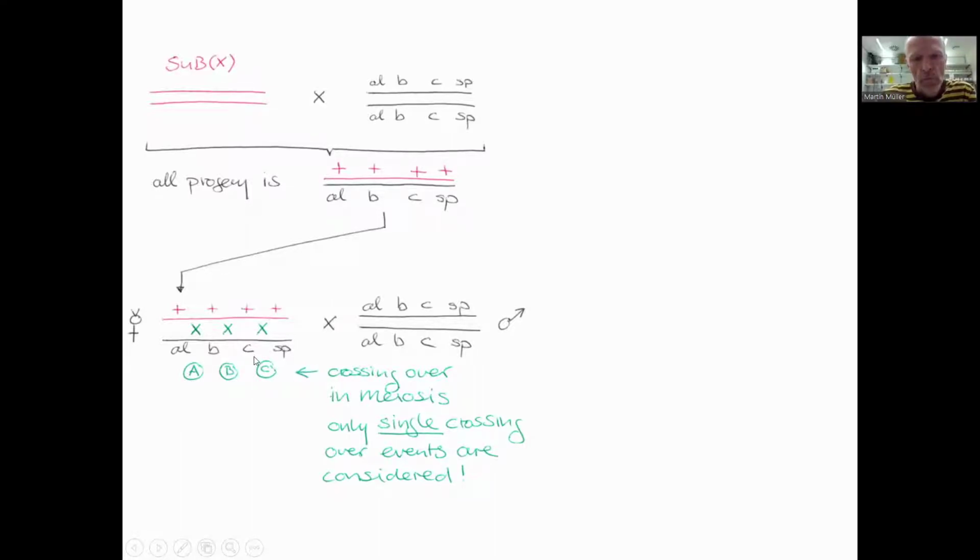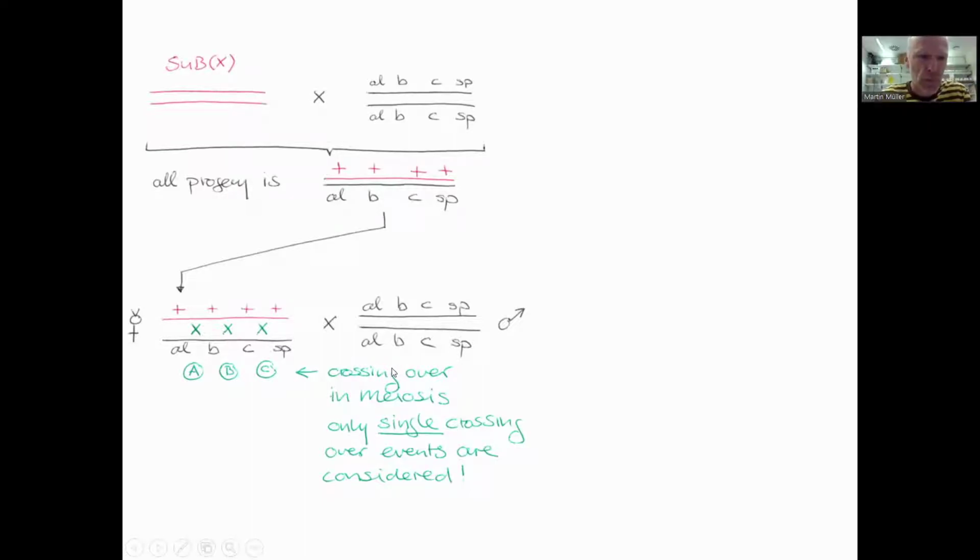And we consider only single crossover events, and we can only identify them if the crossover happens in three locations, namely between Aristoteles and black, between black and curved, or between curved and speck. If the recombination happens over here, let's assume that the chromosome continues here, this wouldn't make a change because we could not identify the recombination event.